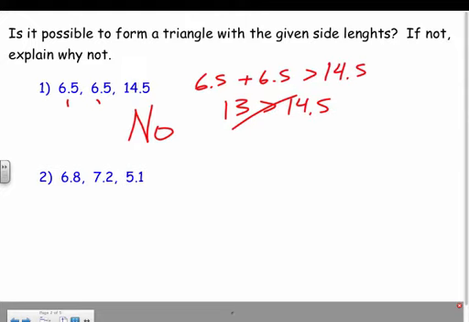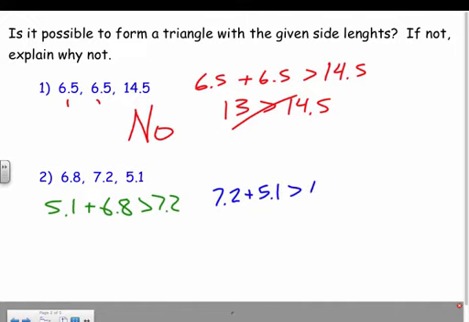What about this one? I think this one works. I could check every case. In this case, I can kind of see it, but to be sure, I would take the two smallest and add them together to see if they're bigger than the biggest. I would take the biggest and the smallest, so 7.2 plus 5.1, and see if that's bigger than the third side.